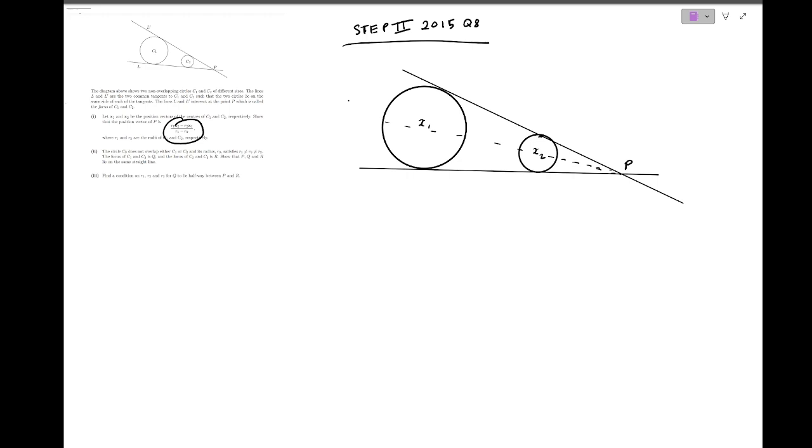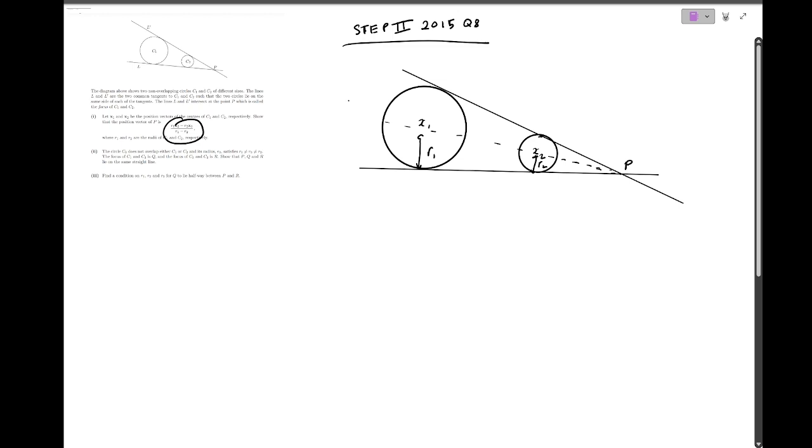At the focus, if we draw a straight diagonal line, it will go through both of their centers, x1 and x2. It's kind of like a line of centers. And we've got radii: this is r1, and this here is r2.